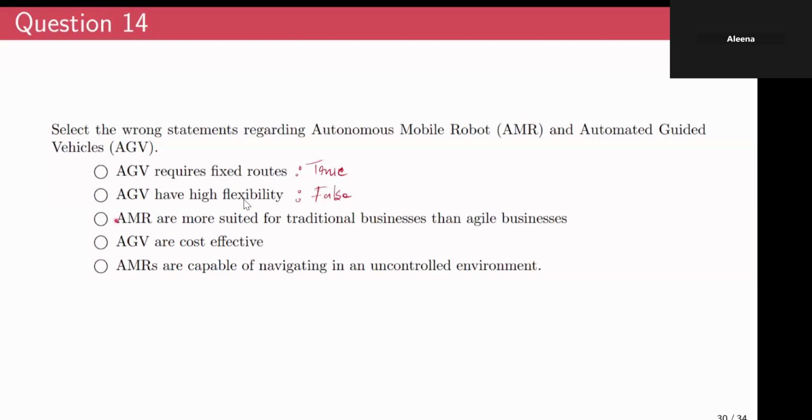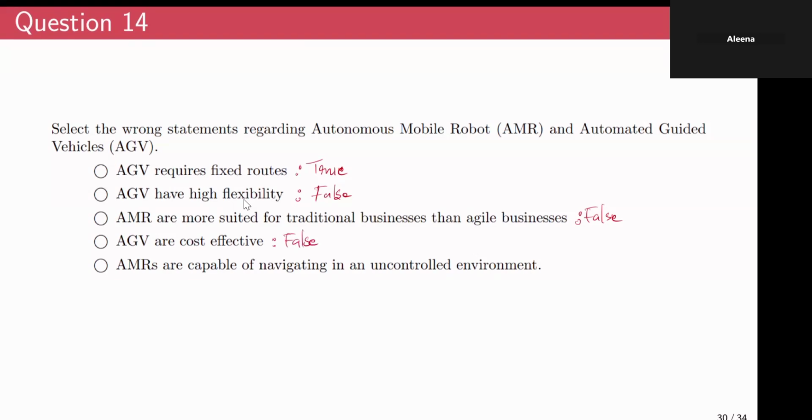The third option is AMRs are more suited for traditional business than agile business. That is also false, right? In case of an agile business, the task would be changing at a very rapid pace. And for an AMR, it is very easy to recalibrate than an AGV, because in an AGV, you have to recalibrate the path. Everything will have to be recalibrated. So, options 2, 3, 4 are all false. That is your answer.